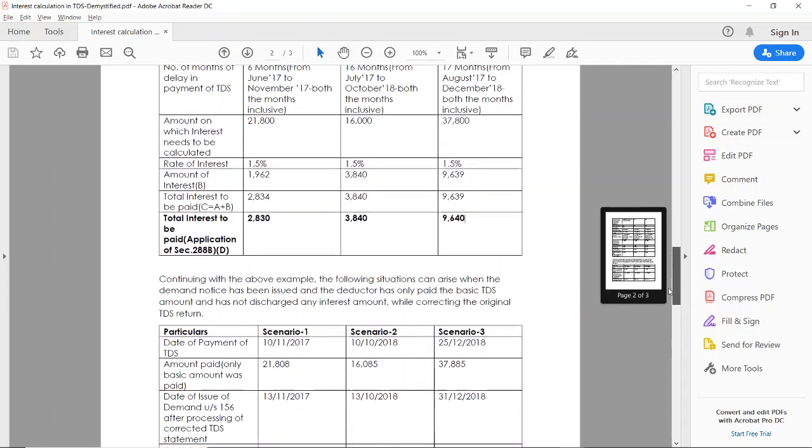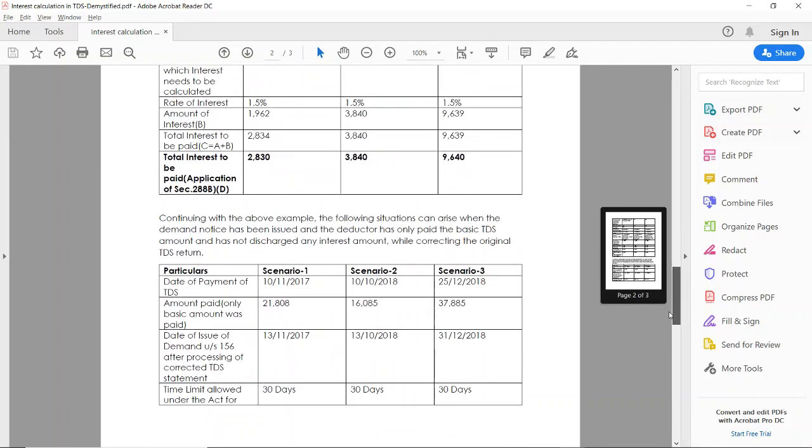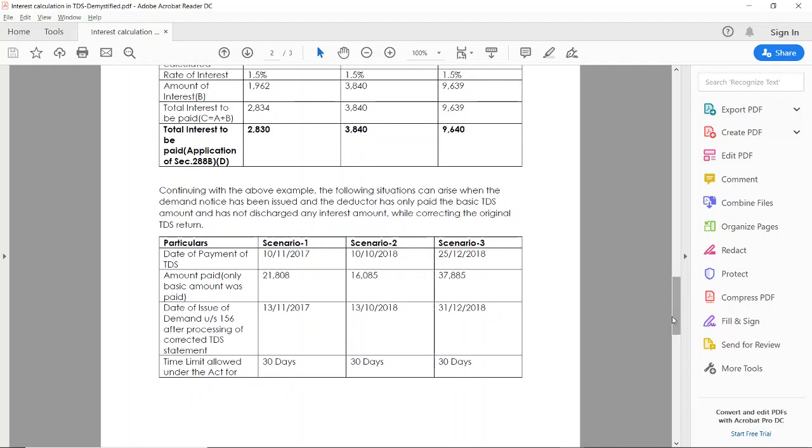The same scenario has been continued, that is from 10th October 2018 and 25th December 2018. What has happened is the amount paid was only the basic amount, which means the interest calculation was not done at the time of discharging TDS on the above dates. Therefore 21,808, 16,085 and 37,885 was only paid without adding interest to it.